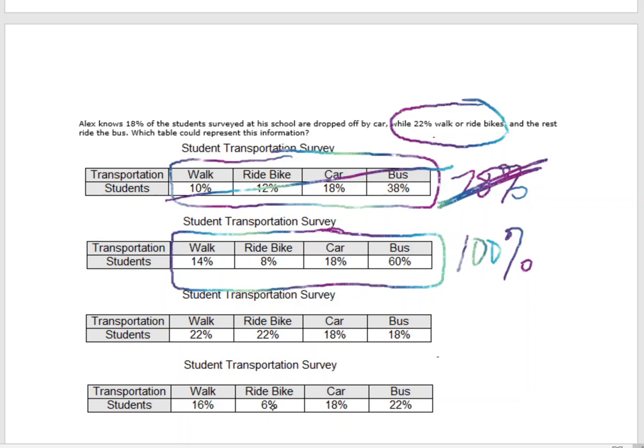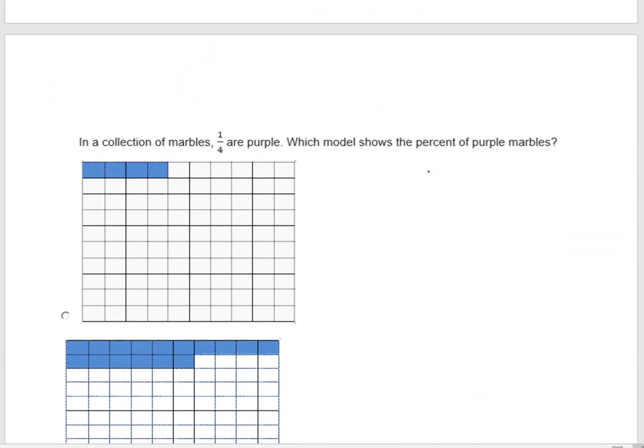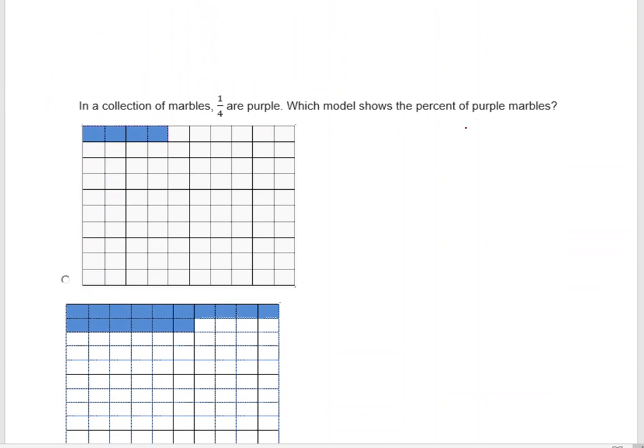There's no other options. So those 4 options are the 4 options. Everybody had to pick one of those. So it has to add up to 100%. 16 plus 6 is 22%. 22 plus 18 is 40%. And 40 plus 22 is 62%. So again, that does not make sense. So this answer is correct.